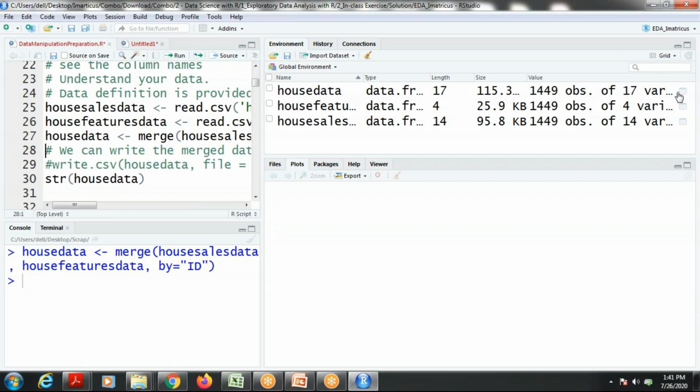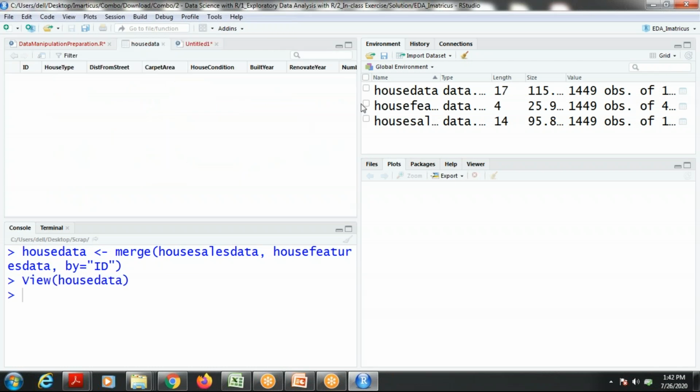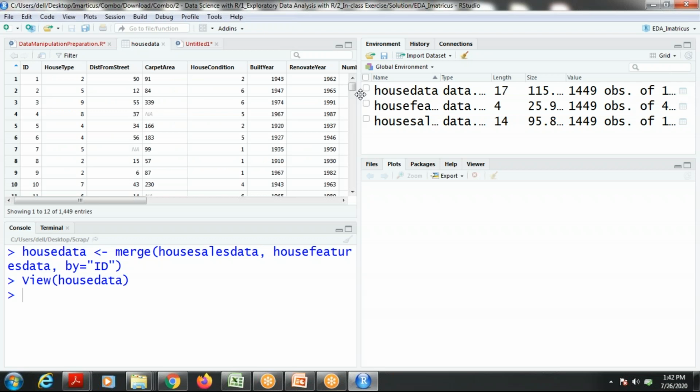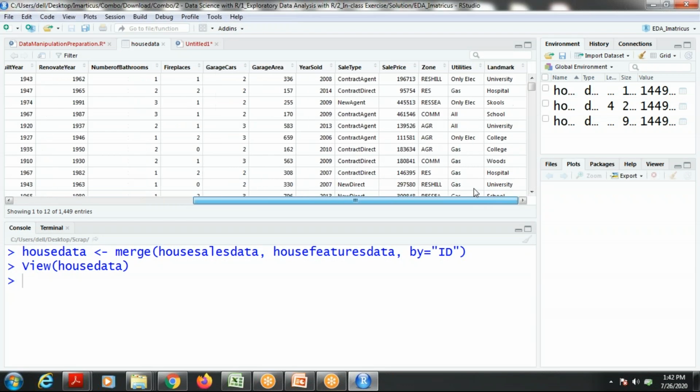Perfect. One is common, that is eliminated. So ID is common. Now if I open this house data, you will see that this data has information added, like zone, utilities, and landmark. Did you see that information is added?